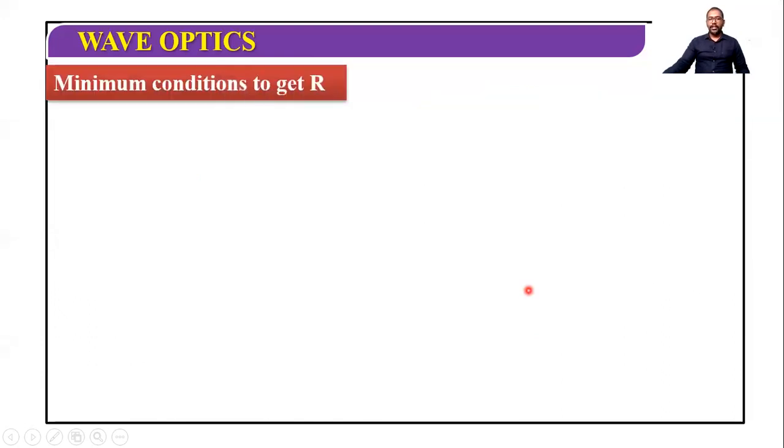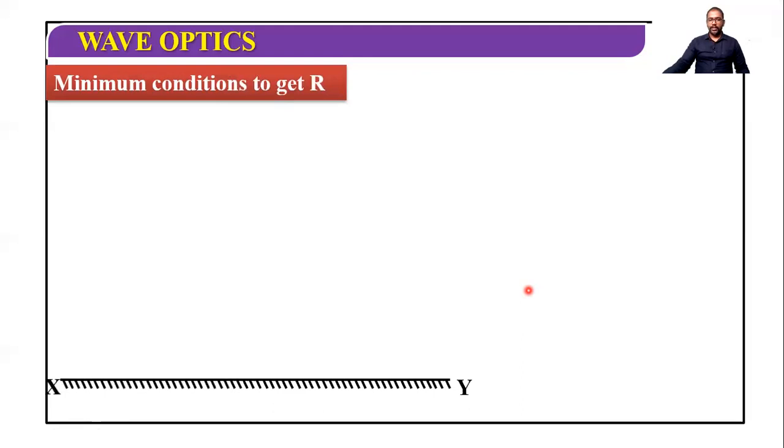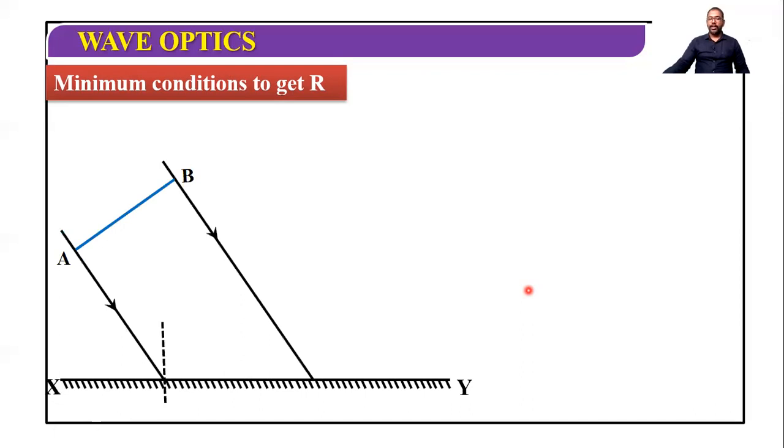Now I consider here a plane wavefront AB bounded by two parallel rays obliquely incident on the mirror. Now this is angle of incidence I.